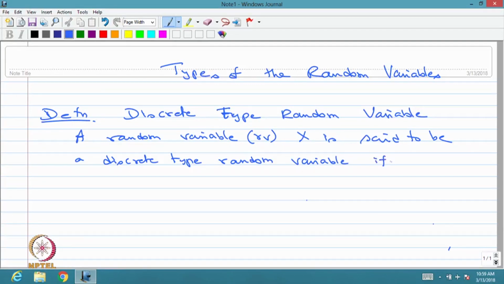if its CDF, cumulative distribution function, has a countable number of discontinuities.